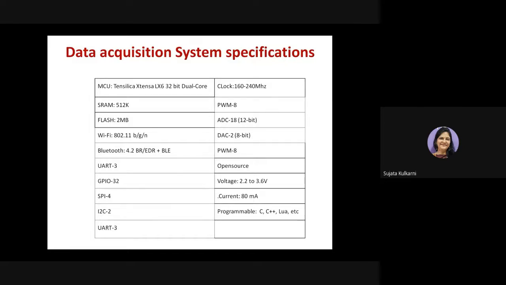This entire board should work on low voltage, so we are targeting a 3.3 volt operated system. And for the compiler, finally you need to write a program. The compiler should be open source. That is our target, because we do not want to use any pirated version or break any law. So we prefer a compiler which is freeware.